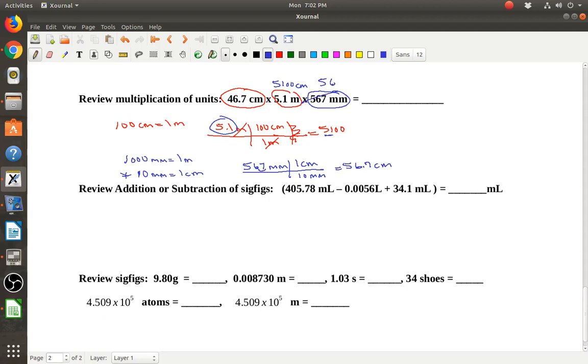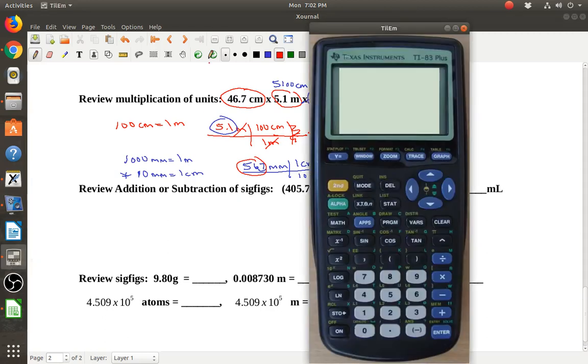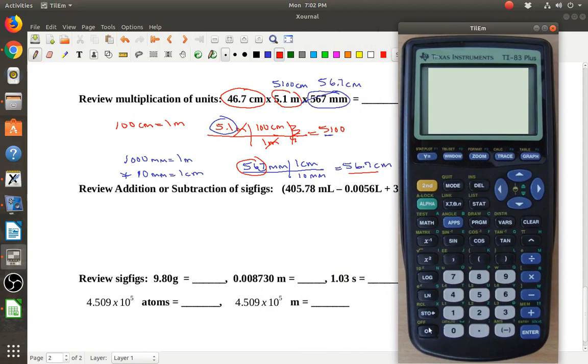56.7 centimeters. This first number has 3 sig figs, so this has to have 3 sig figs. Now all the units match, and we can actually multiply them. So I'm going to pull my calculator back up, and let's multiply these numbers.